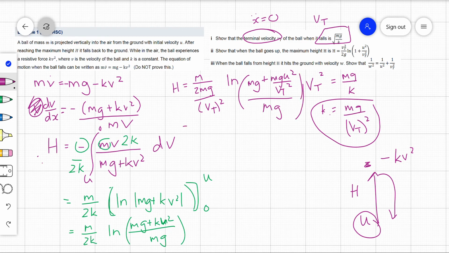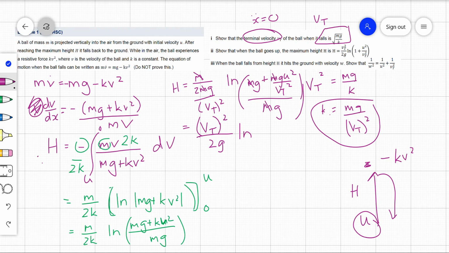Now you can see here that these m's will cancel, and the Vt squared on the bottom of the denominator of the fraction really is at the top here. So I'm going to get Vt squared, with brackets just because it looks funny otherwise. And I've still got the 2g on the bottom, and for the log, all those m's are going to cancel if I divide both top and bottom by m.